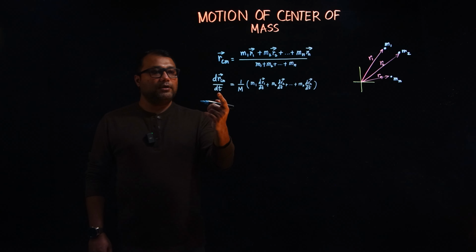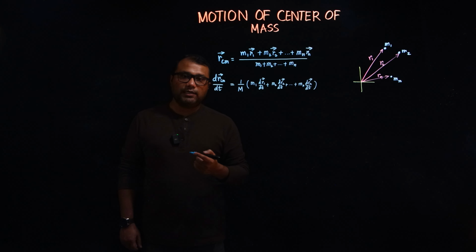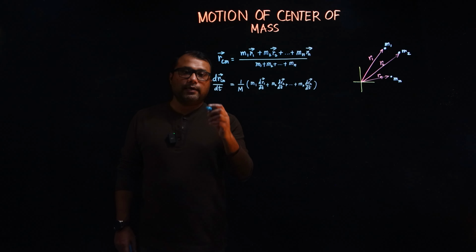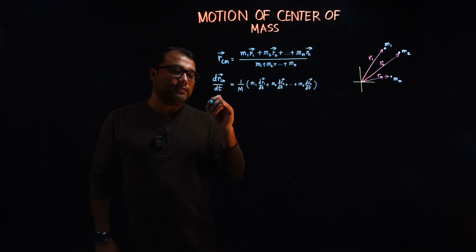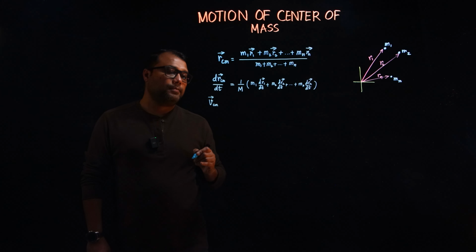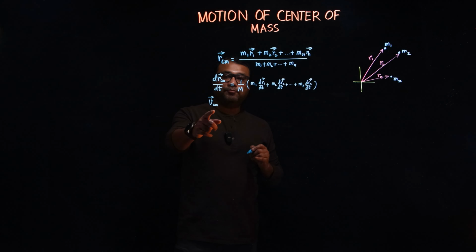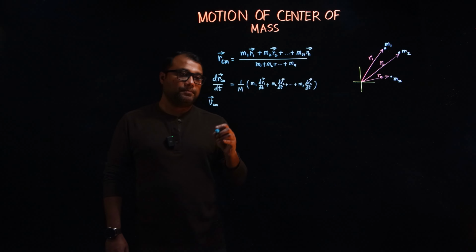Now look at this term. What is this? This is the rate of change of the center of mass. So we can write this as velocity of the center of mass, how fast the center of mass is changing its position.